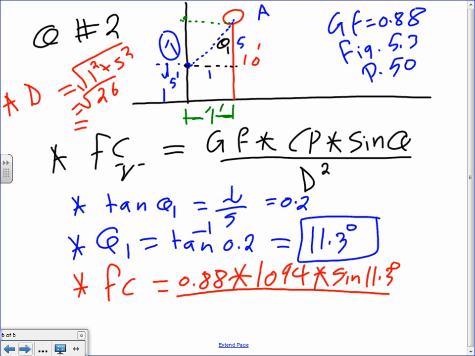Everybody knows how to find D, the distance here? Everybody knows what the Pythagorean theorem is? Square each side of the triangle, you find the hypotenuse. The square root of 26 is 5.099, so 5.1 is good enough, just slightly different from the other side.